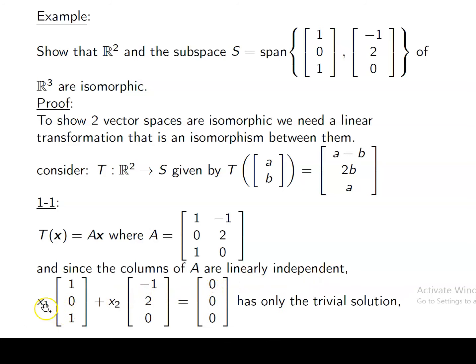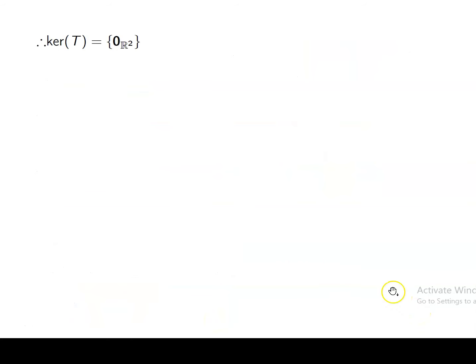So x1 times this plus x2 of this equaling 0 has only the trivial solution, right? The only way for this to work is if x1 is 0 and x2 is 0. So that means that my input here would have to be the zero vector to get the zero vector out for the subspace S, or x is equal to 0. Therefore, the kernel of this transformation is the zero vector for R2, the zero vector for our domain. Therefore T is one-to-one.